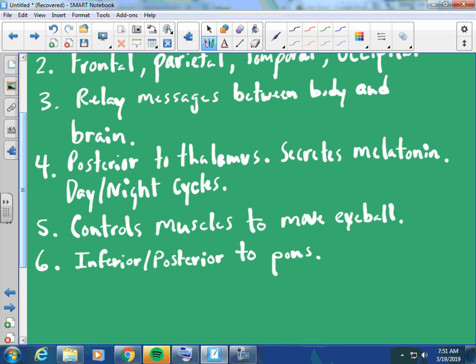And we got function of medulla. What'd you guys put for function of the medulla? Nothing? No functions in the medulla?